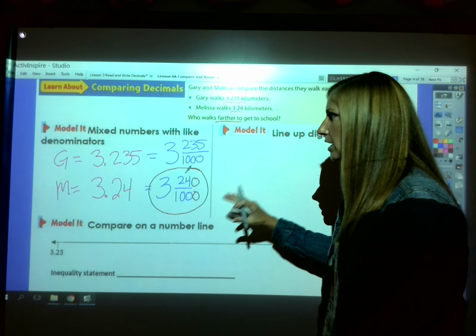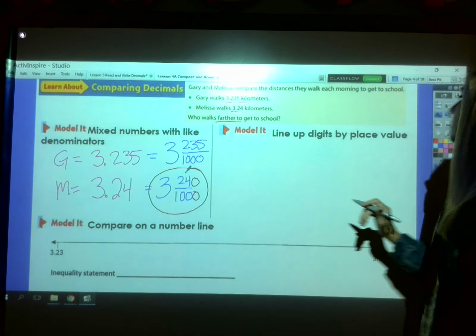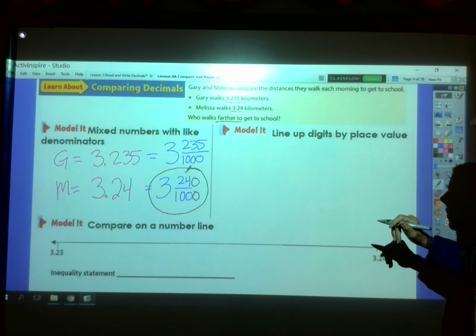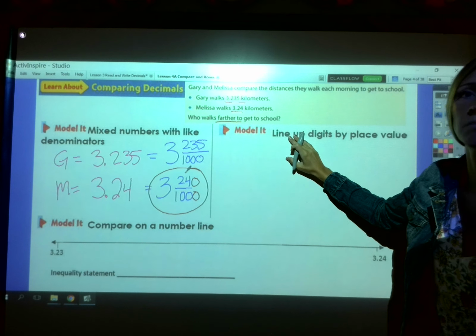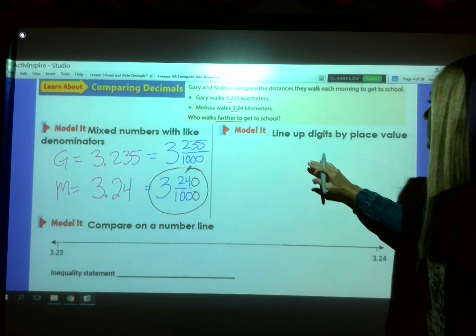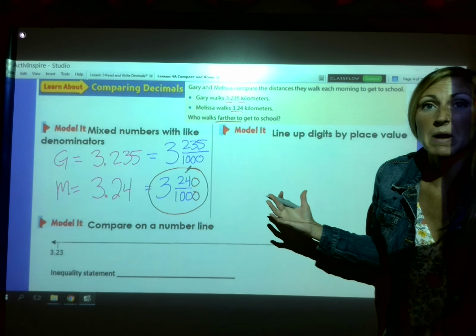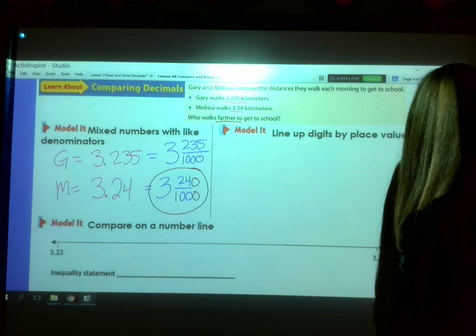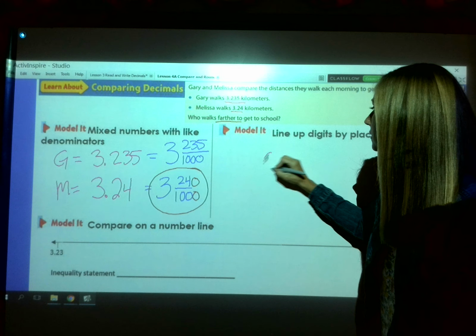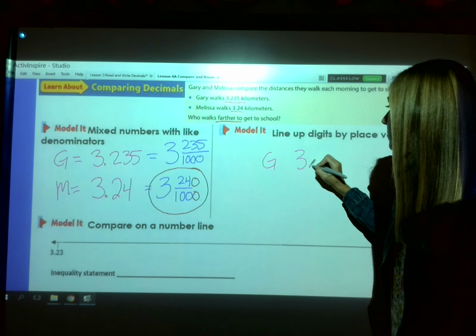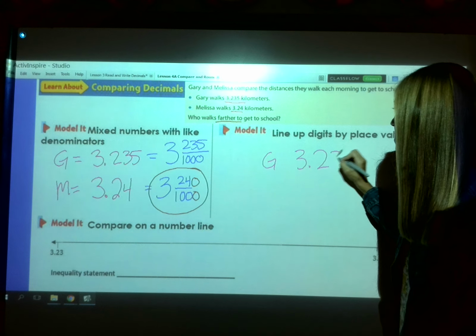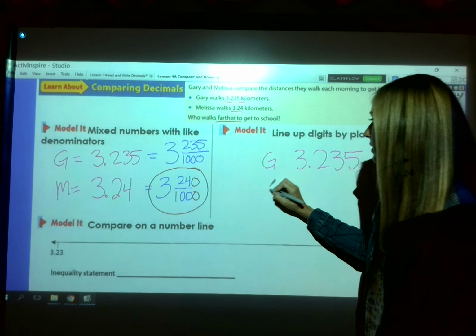We'll keep practicing it, but let's look at some other ways you can look at these values and be able to compare them. This is one of my favorites, and it's just lining them up by place value. So if I look at Gary's and his, I'm just going to be real precise here when I line them up. I'm going to think about all my place values being together.